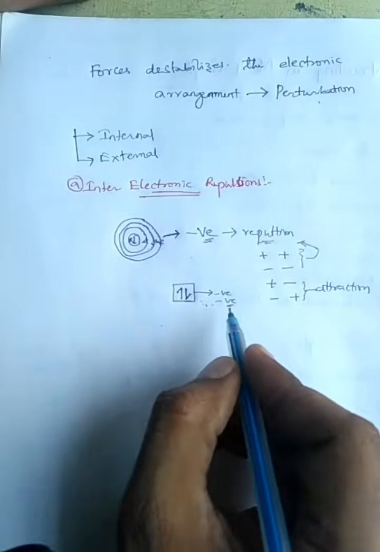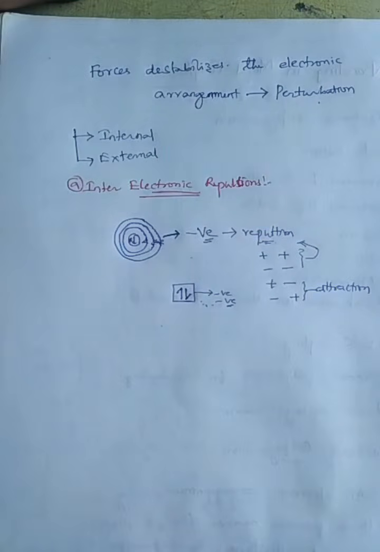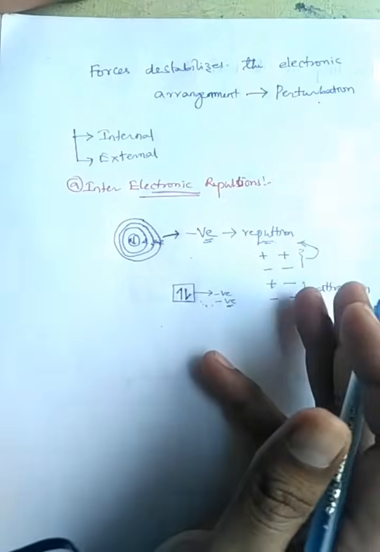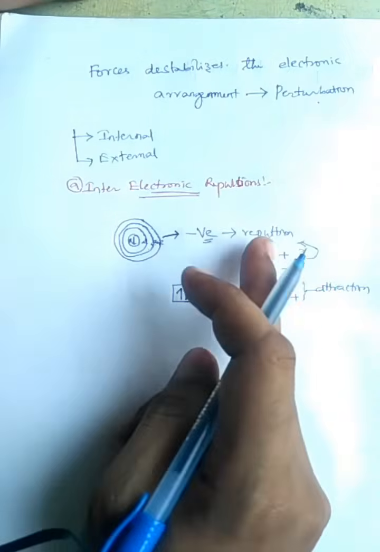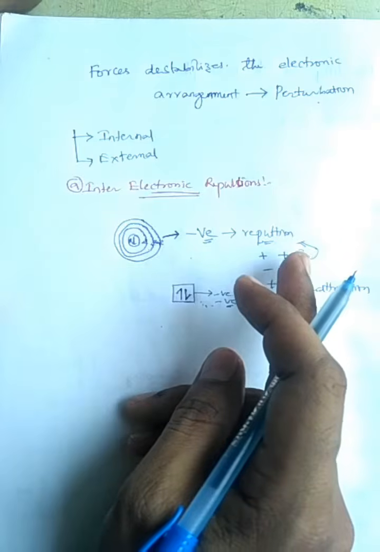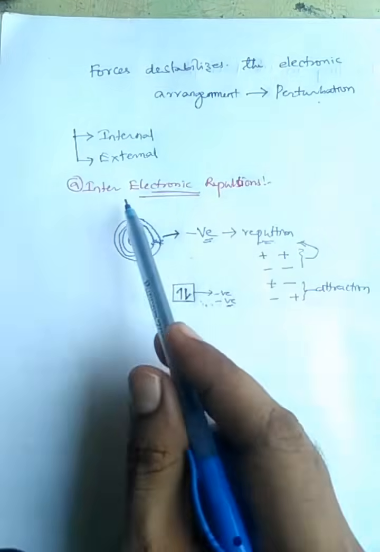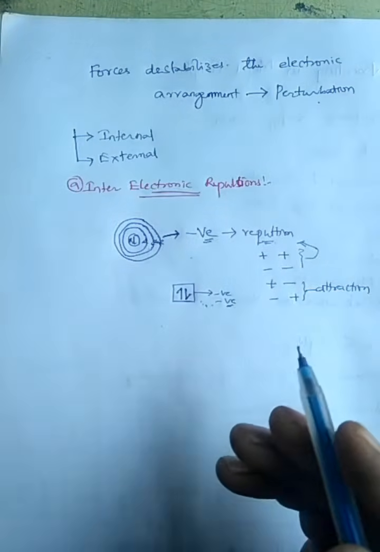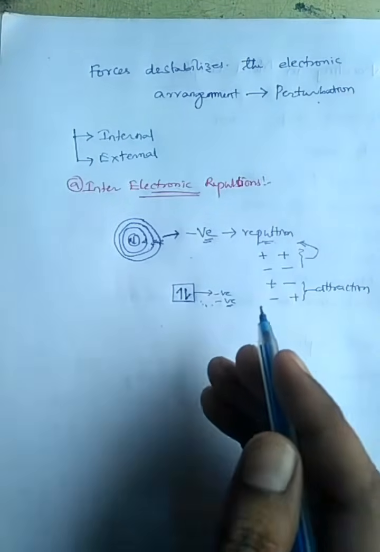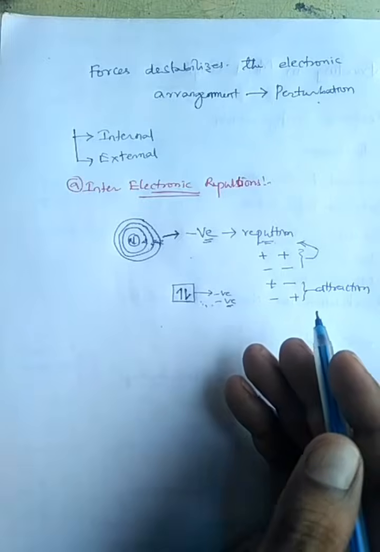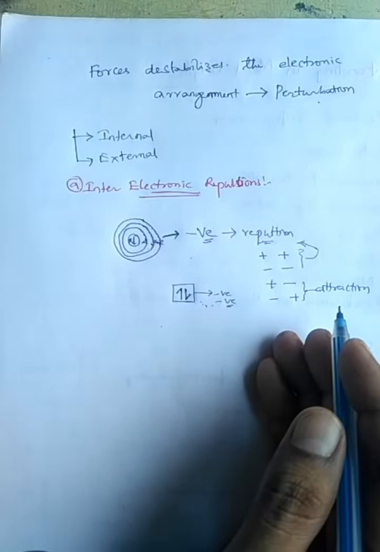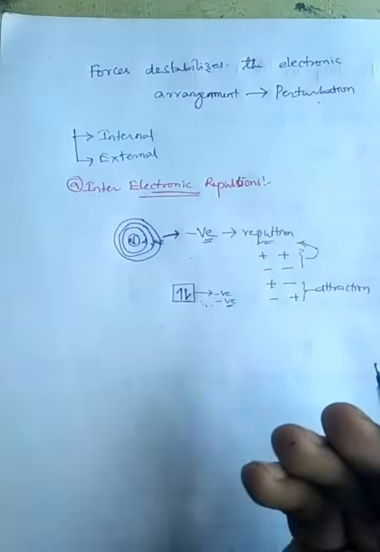So when it destabilizes the electronic configuration, the electronic configuration has to overcome the inter-electron repulsion perturbation. To overcome such inter-electron repulsion perturbation, the atom will undergo splitting of the electronic configuration, right?